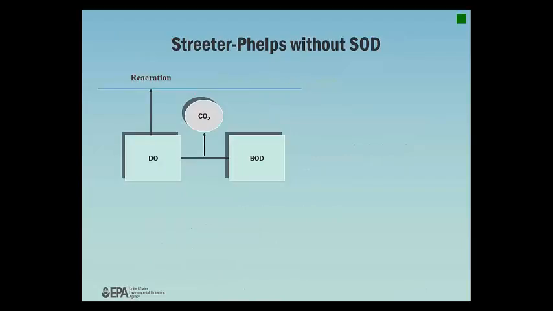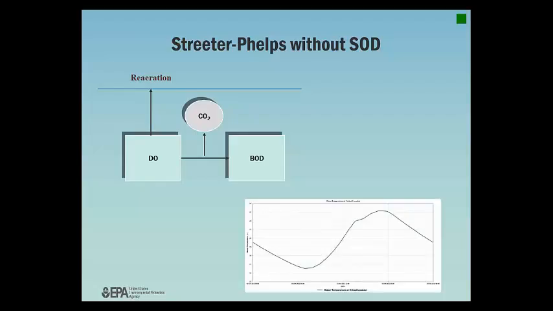Our first modeling scenario is the Streeter-Phelps with SOD. This is as simple as you can get for modeling dissolved oxygen in the water. We'll include the impacts of reaeration and oxygen consumed by carbonaceous biochemical oxygen demand. We set up our model, and we are going to take into account diel variations in temperature.